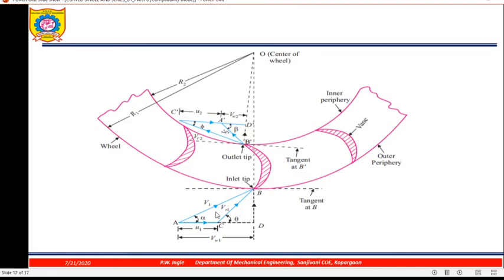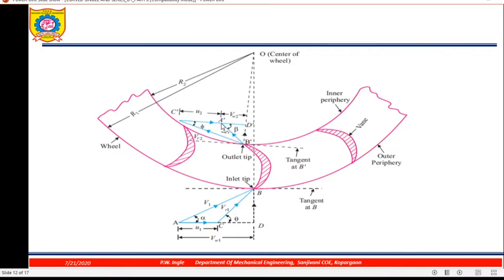I have already told you how we get the velocity triangle at inlet. V1 at angle alpha, U1 is AC, V1 is AB, and VR1 by joining C and B. V1 has two components, VW1 and VF1. Here VR2, and C dash A dash is U2.